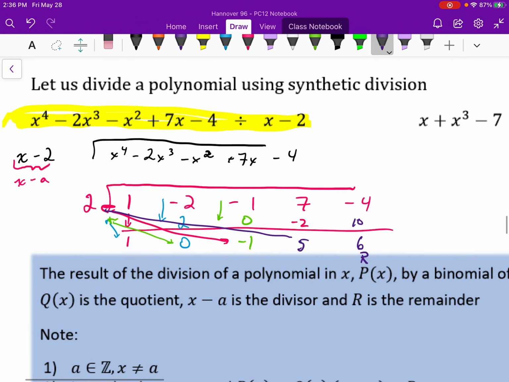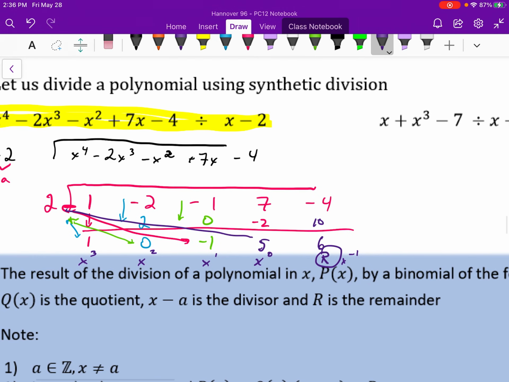You just have to be able to tell what's my answer. This first rightmost number is going to represent my remainder. This is my constant. This is going to be the coefficient for x to the power of 1. This is going to be the coefficient for x to the power of 2. And this is going to be the coefficient for x to the power of 3.